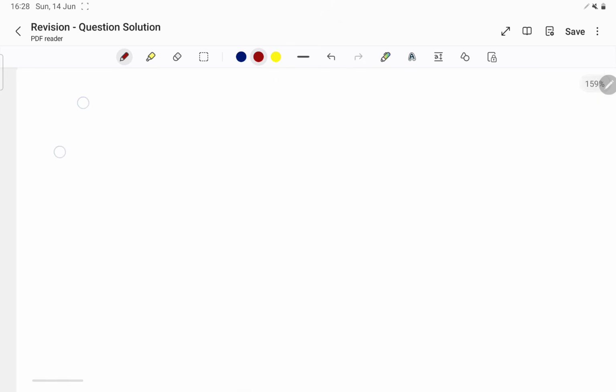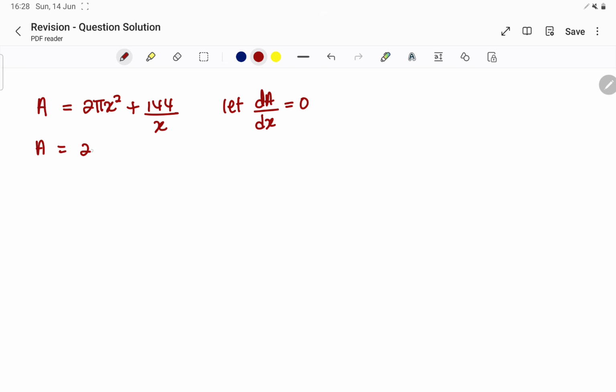Our area is equal to 2 pi x squared plus 144 divided by x. It is easier to differentiate if you move x in the second term to become x to the power of negative 1.